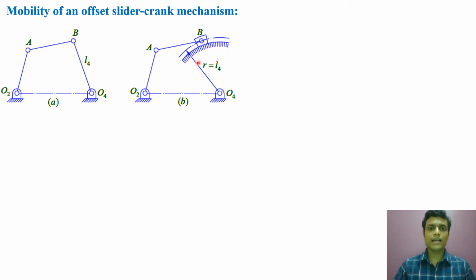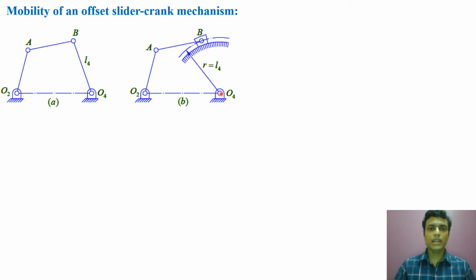So if r equals L4, then these two mechanisms are equivalent and both will provide the same kinematics. The center of the arc is at O4 and the radius is L4, and we have removed L4 and instead put a slider here which will move on this arc. So these two mechanisms will produce the same kinematics. So these are equivalent mechanisms.